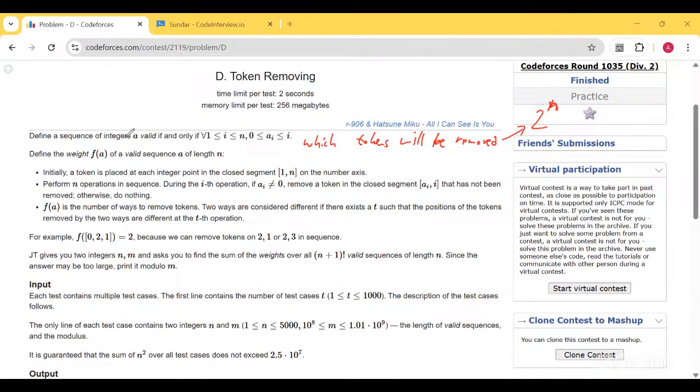Okay, and then for example, we already fixed which tokens will be removed. For example, token 5, token 9, token 10.